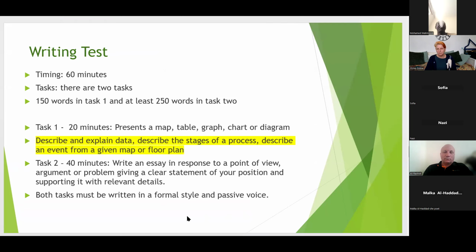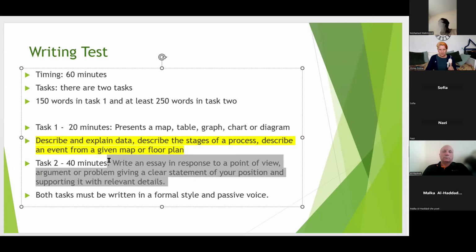It's really not exam. Oh, yes. We'll get there. There is one on the Take IELTS website from the British Council, but I'm going to give you a resource as well today.